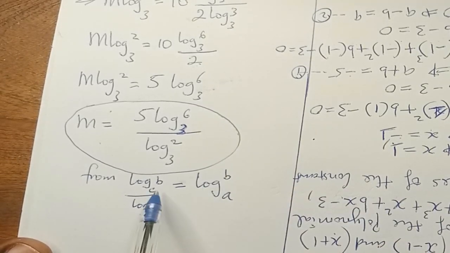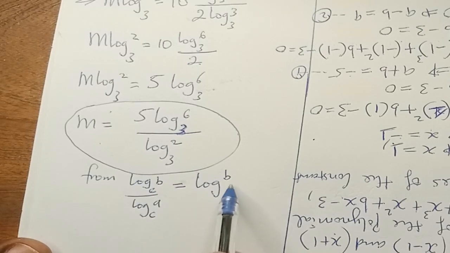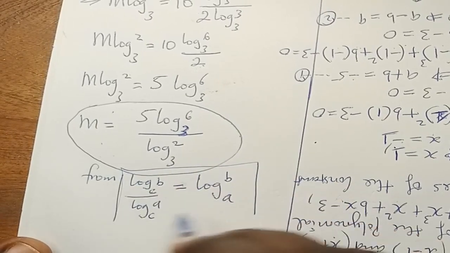That is, we don't care about the base, but now we just look at the log itself and just replace with the power b over a. So this is the formula here.